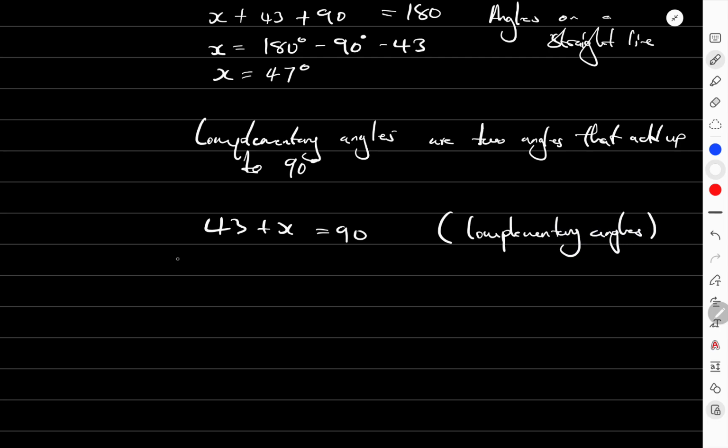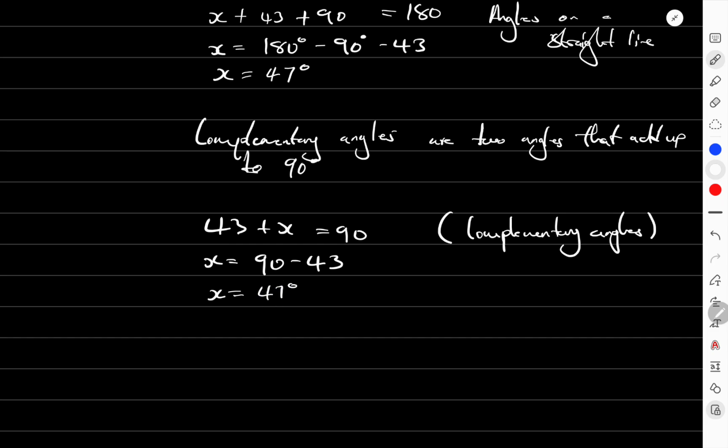Now I'm going to have variables together, numbers together. This 43 is a number and this 90 is a number, so I have a right to group them together. Therefore X equals 90 minus 43, so X equals 47 degrees.